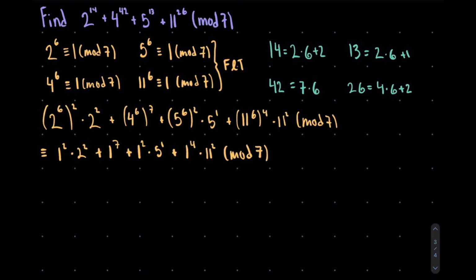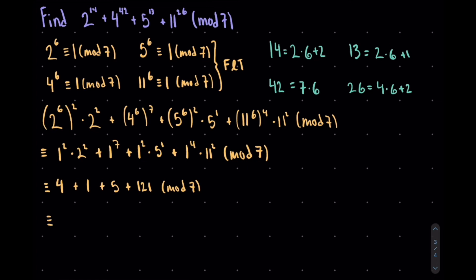Now if we do some further simplifying, we have 1 squared times 2 squared is 4, plus 1 to the 7, 1, plus 1 squared times 5, 5, plus 1 to the 4th times 121, 11 squared, which is 121. Modulo 7.